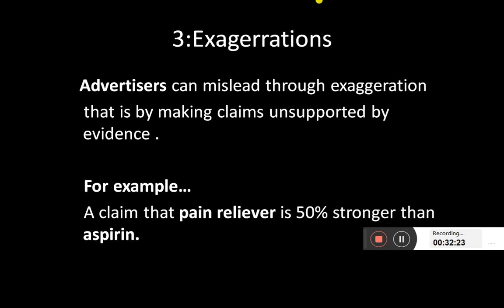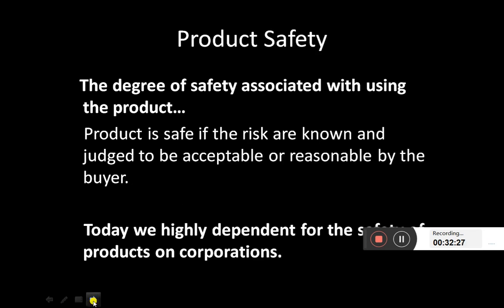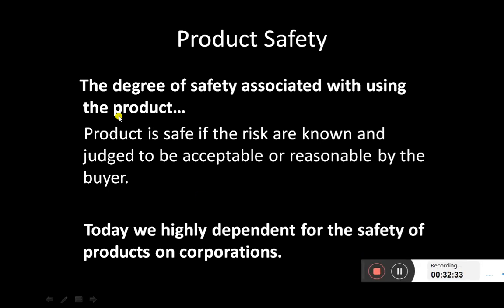That is when we are presenting our product as extraordinary. Whatever claim we make, the claim must be valid, the claim must be reliable. So advertisers can mislead through exaggeration, that is by making claims unsupported by evidence. For example, a claim that a pain reliever is 50% stronger than aspirin.